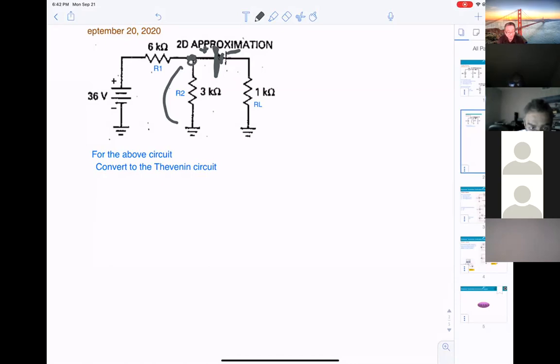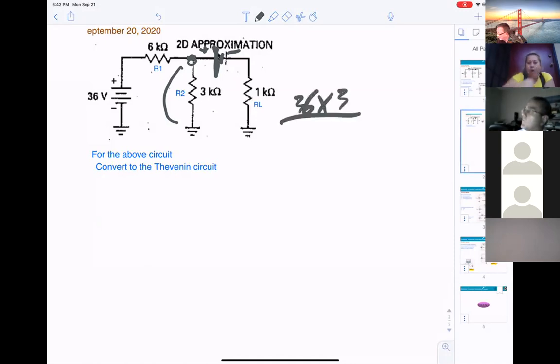Why can we not use the voltage divider? Someone using voltage divider, they say 36 times 3 divide 6 plus 3 to get the voltage here. But we cannot. I want to know, how come we cannot do it?